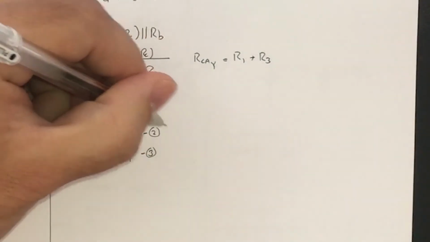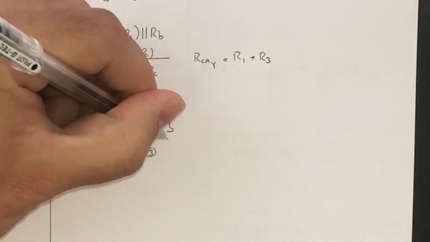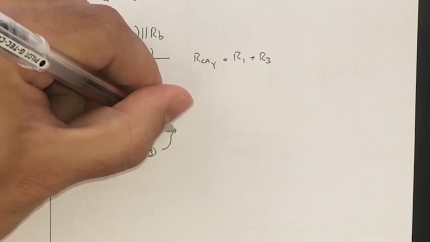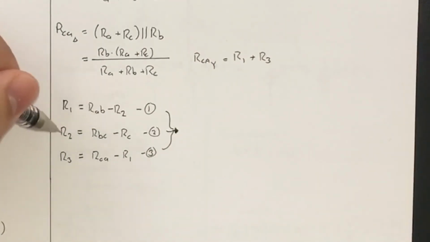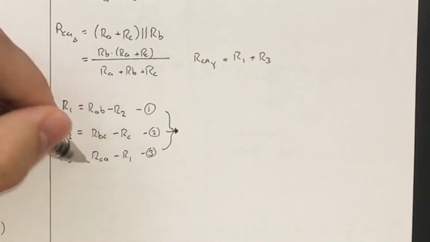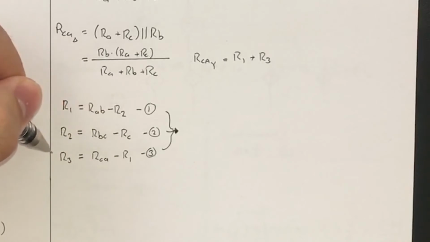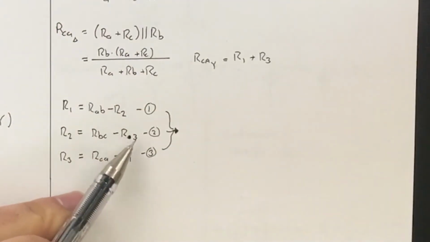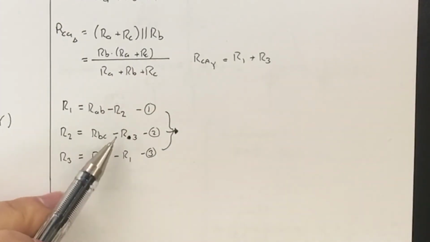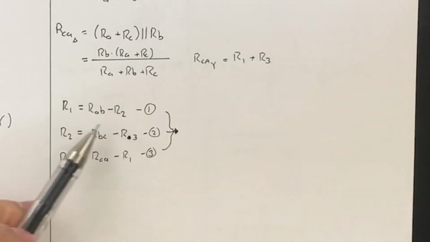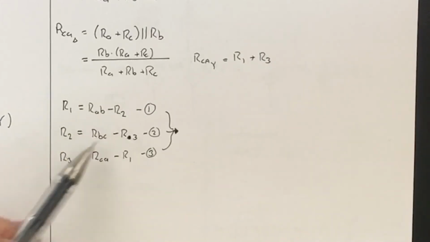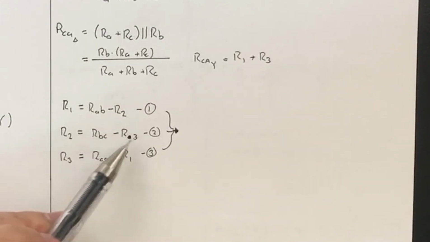Then we can use all three of these equations and we sub for each of them R2 into here, R3 into, apologies, that is a mistake, this shouldn't have been RC, it should have been R3. So we take equation 1 and we sub R2 into here, we take equation 2 and we sub R3 into here.